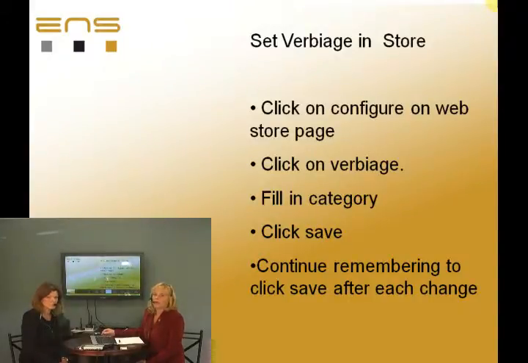Once that window opens up, click on Verbiage and fill in each category, remembering to save each category as you do it. Continue doing that through each step down the process until you've filled that page out completely. The Verbiage page is probably the longest page to fill out in the Webstore, but you can make it very specific for each business, each website that you're doing.